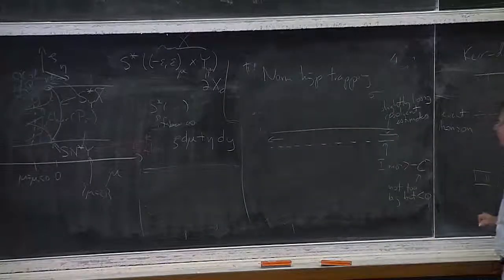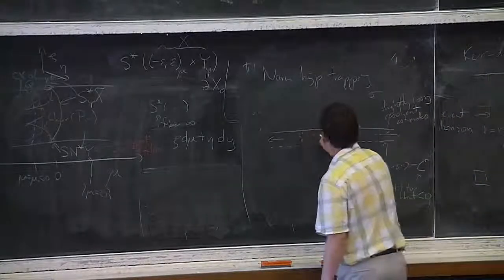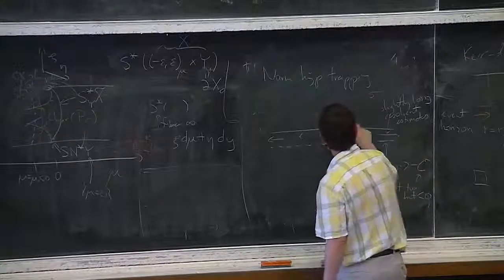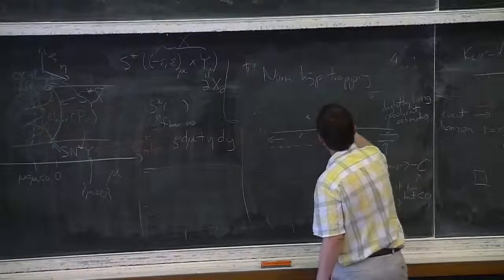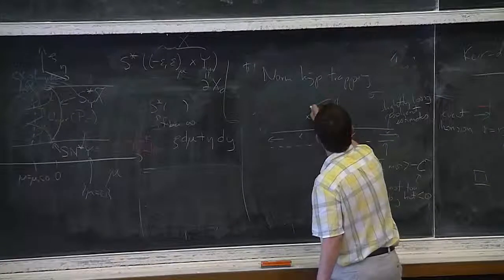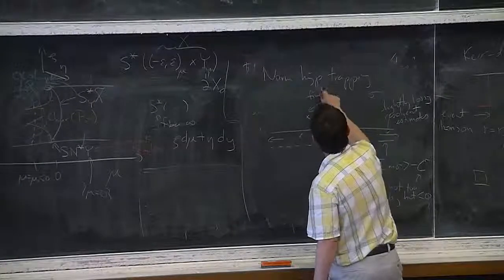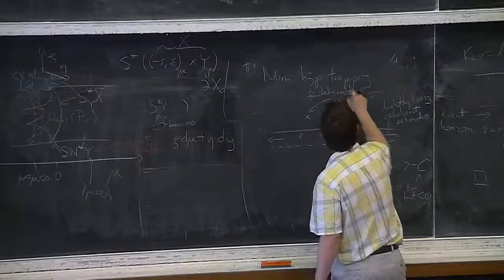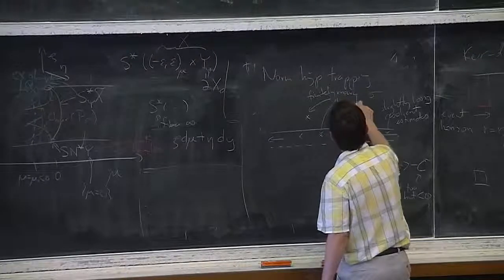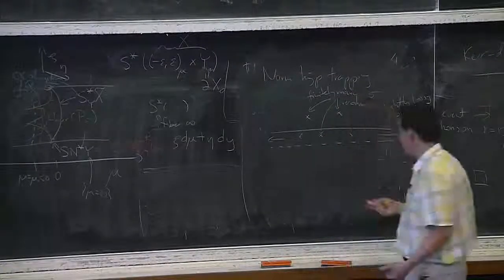In such a region, there are only finitely many resonances. Maybe I could have some here a priori. Actually, it doesn't happen. So that's the estimate side.